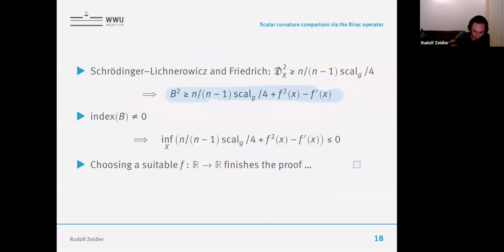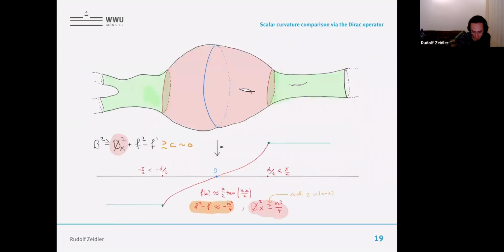So this observation that the infimum is at most 0 will imply that the scalar curvature must be at least as negative as the square, up to some constants, of the level I achieved here. So in a way, because I have a positive lower bound on the scalar curvature, I have some time to let this expression be negative, which allows me to grow my potential for some time.